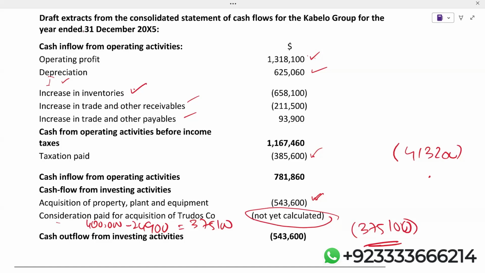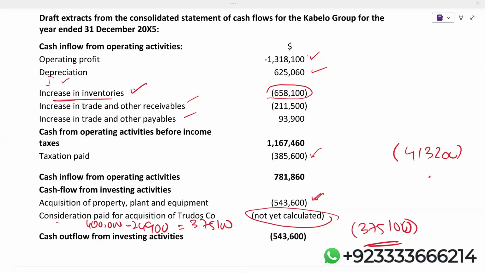What does the examiner say? Increase in inventories. My question is, please reply to me then. If your examiner says there's a rise in inventory of 6,58,100, can I say it means closing inventory is 6,58,100 more than the opening inventory? Yes or no? Please reply. I'm not interested in what the total closing inventory balance is. I just want to say one thing.